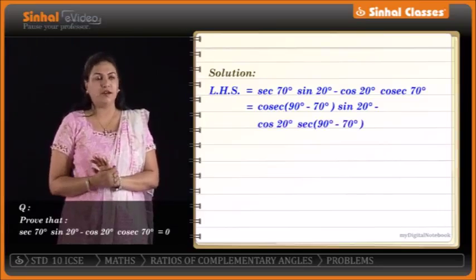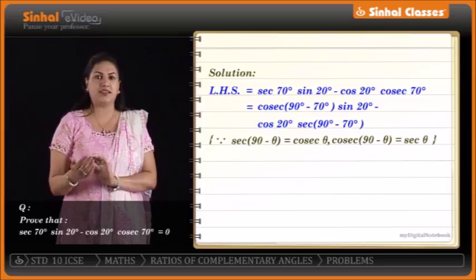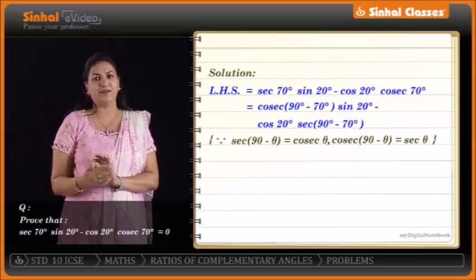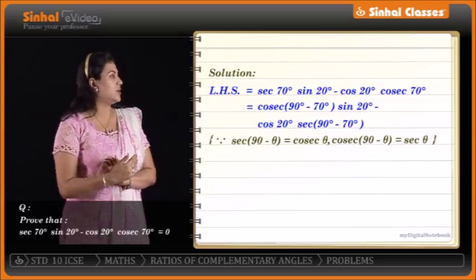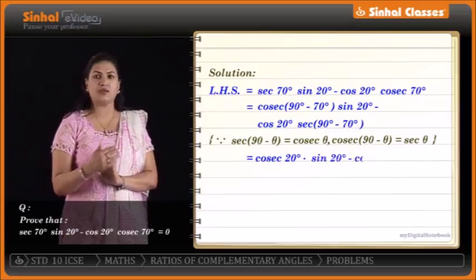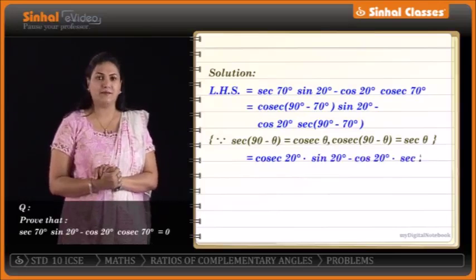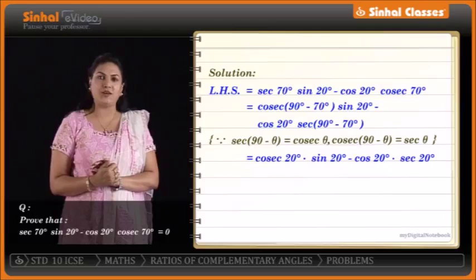Now we use the formulae. Sec 90 minus theta is equal to cosec theta, and cosec 90 minus theta is equal to sec theta. We get cosec 20 into sin 20 minus cos 20 into sec 20. Now write cosec as 1 upon sin and sec as 1 upon cos.